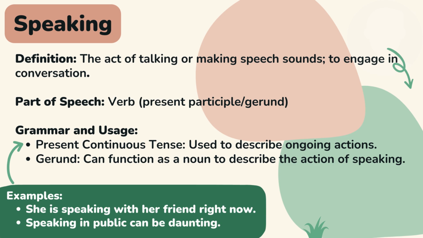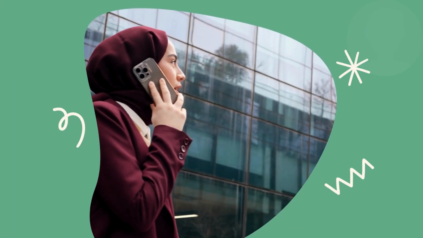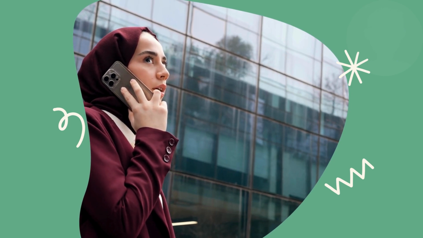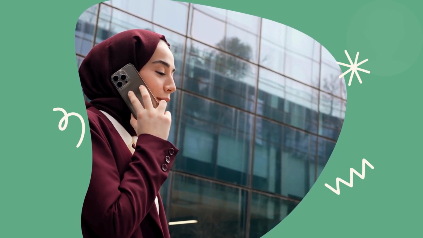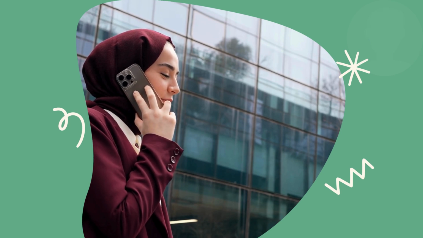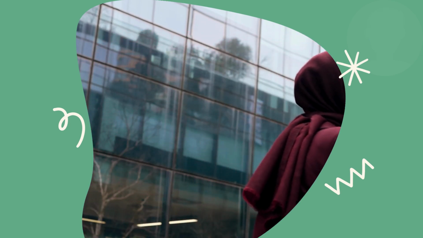Speaking in public has always been a daunting prospect, I may say, or a daunting thing to do. Alright, let's move on. Now, as a gerund, it can be the subject or the object of the sentence. And speaking in public can be daunting. See? Not too shabby.